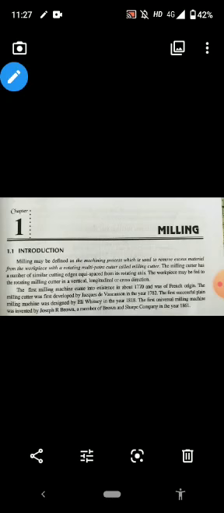So the milling machine is basically used in the workshop to produce flat surfaces. The flat may be horizontal or vertical.